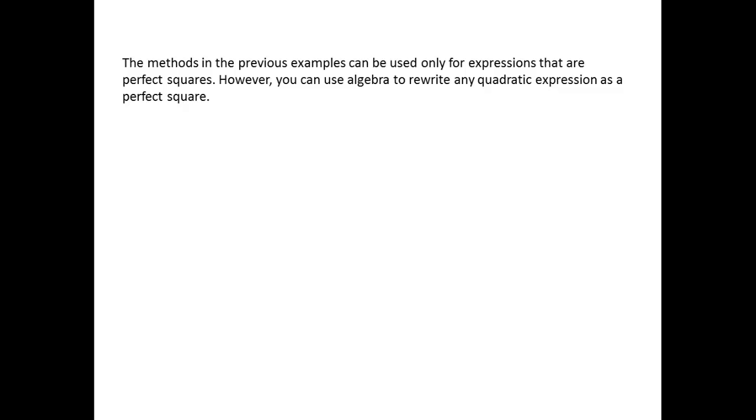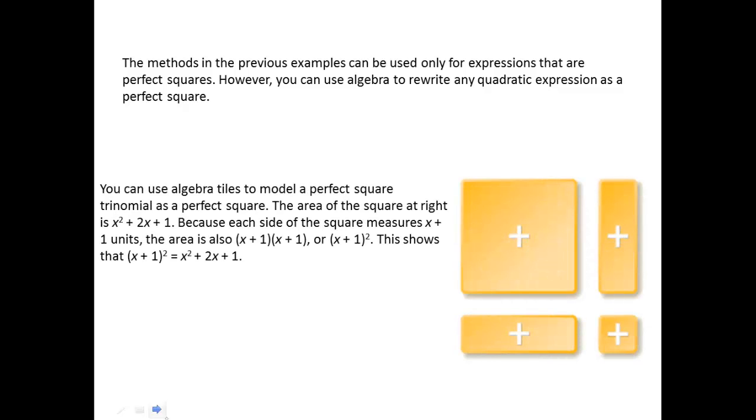Alright, so in the previous examples we had perfect squares. However, we're not always going to be given perfect squares. So what we can do is rewrite equations as perfect squares. And this can be represented using algebra tiles, which you may have used in Algebra 1.